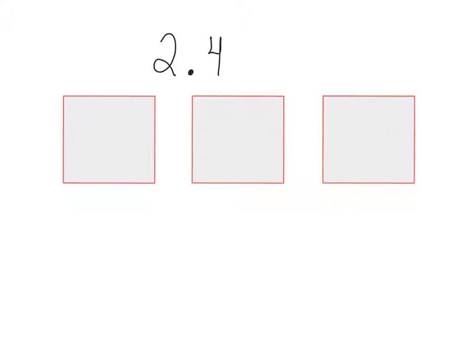Well, we have 2 wholes. So we are going to have to fill up 1 whole, 2 wholes. Now we do not have 3 wholes. We have 4/10 of this whole. So what we need to do is break this last square up into tenths.